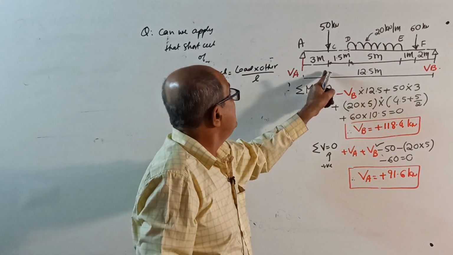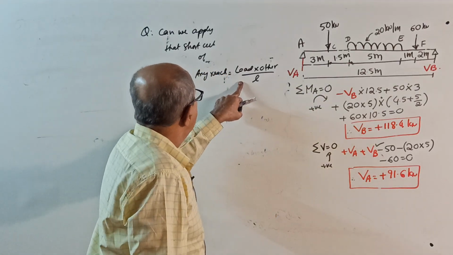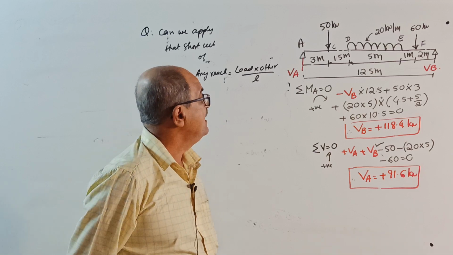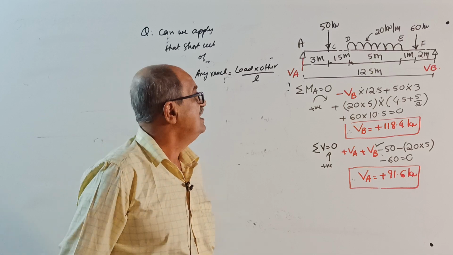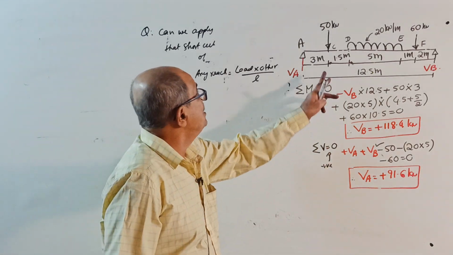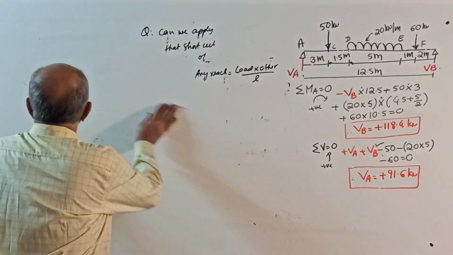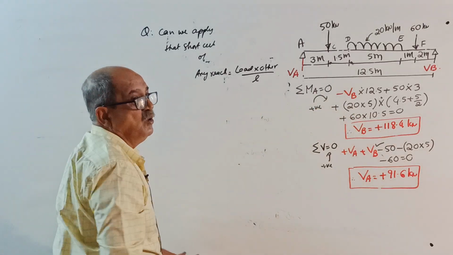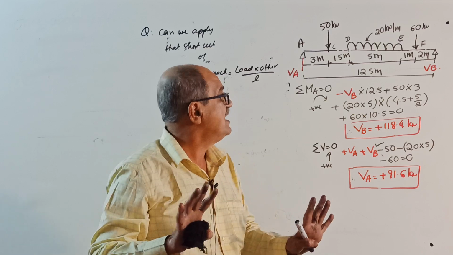Then for each load separately apply the principle: any reaction equals load into other distance divided by span. Then add all the values. That is called superposition. So for each load, find the reactions and add them. Someone will tell this is much better, so why are you doing all these things? Only for concept purpose, only to understand the concept.